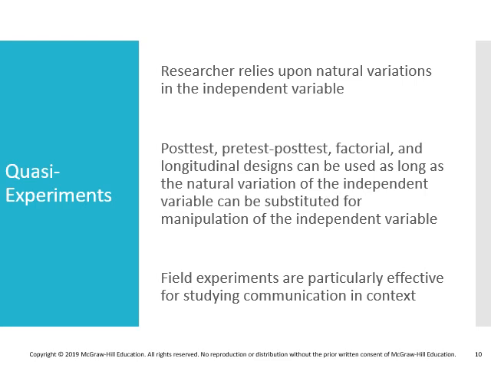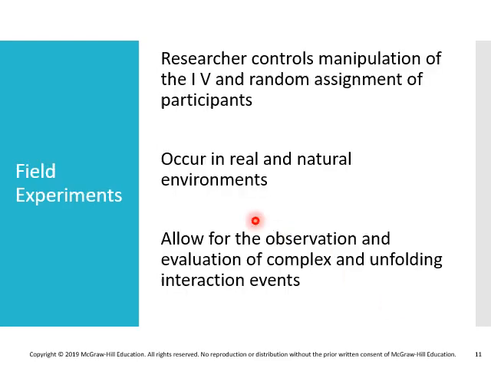In field experiments, researchers can control to some degree the independent variable and random assignment, not as closely or as much as they would like, as in the classical design, but they still have some control. The downside to that is actually a benefit because it lets them observe the communication in the real or natural environment. So the downside of it is also the positive side of it.